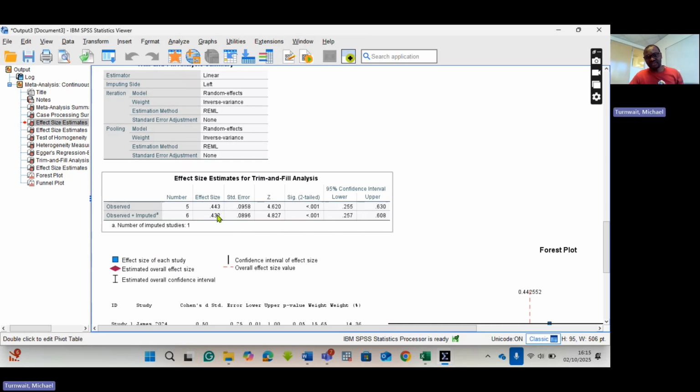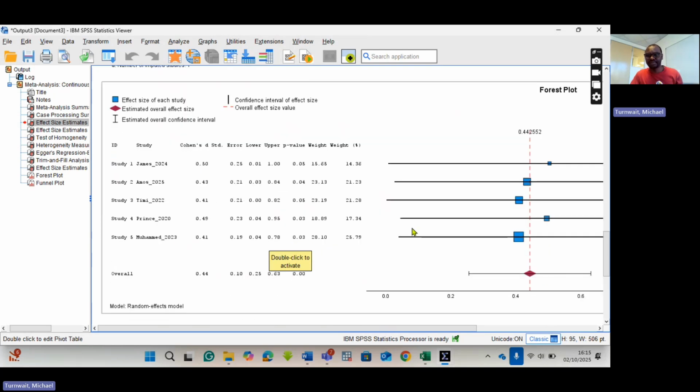So the difference is just very slight, which means that there is no large difference between the effect size of the observed real studies which we included and the imputed study which the software added to ensure that it trims and fills the analysis appropriately. And they are all statistically significant, less than 0.01 for each of them, which tells us that there is not much difference between the observed and the imputed.